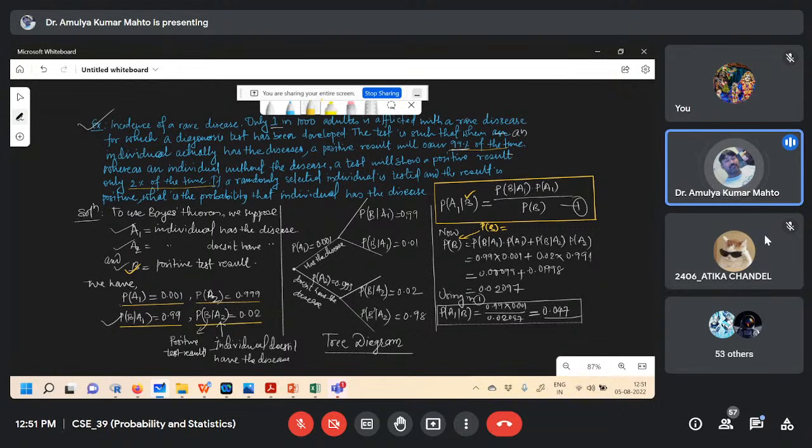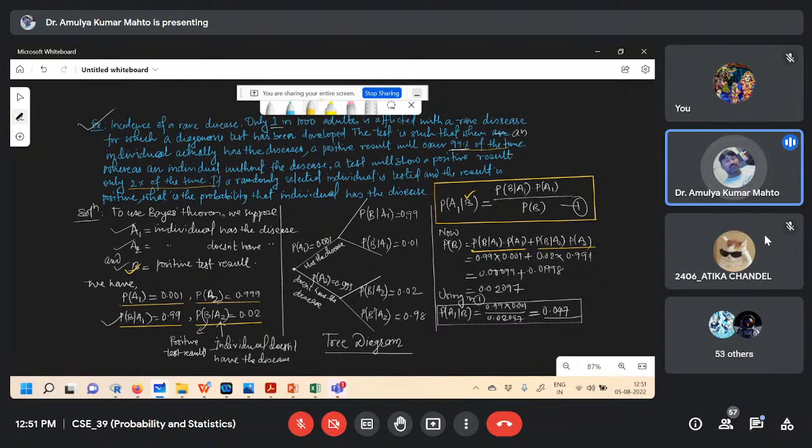We saw this for 3 events in the previous example on the law of total probability. So here we have 2 events, A1 and A2, so it will have 2 terms. One term is this one, another term is this one.